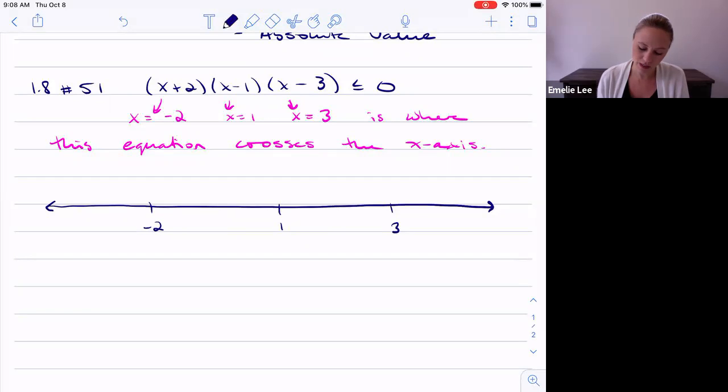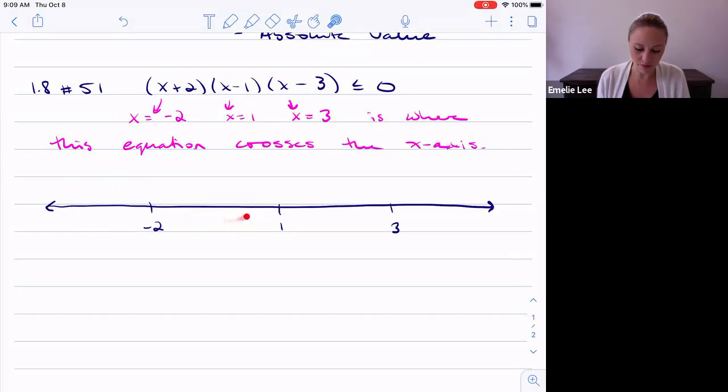Okay. So we use these to make our check-in points, because this expression is going to behave the same way for all values left of, or less than, -2.